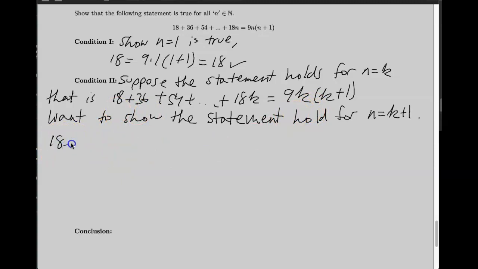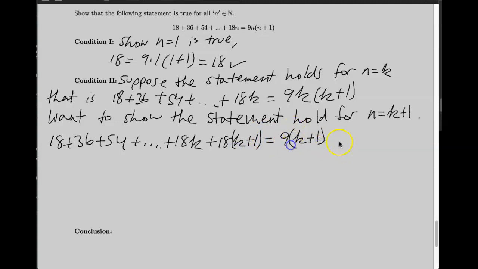So 18 plus 36 plus 54 plus ... plus 18k plus 18 times k plus 1 is going to equal 9 times k plus 1 times k plus 1 plus 1.